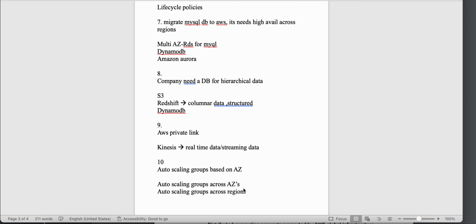The simple thing to note is that across regions it's not possible because auto scaling groups are based on AZs. So you can simply eliminate the option that says auto scaling group across regions, because an auto scaling group acts on AZs.